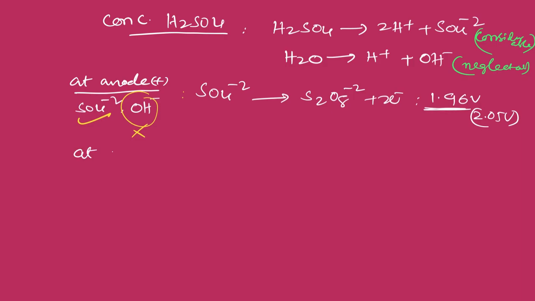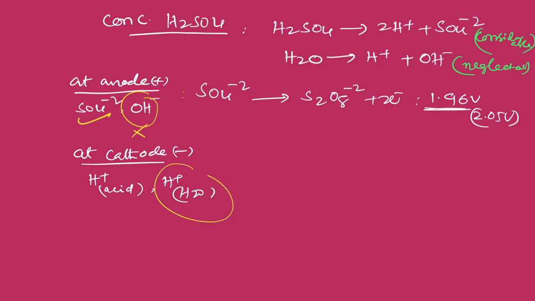Next, at the cathode. At the cathode, negatively charged, the ion that comes here is positively charged, that is H+ from the acid H2SO4 and H+ from water. Anyway, this is a negligible amount and this is a considerable amount, therefore 2H+ plus 2 electrons convert into H2, its potential value 0 volt.